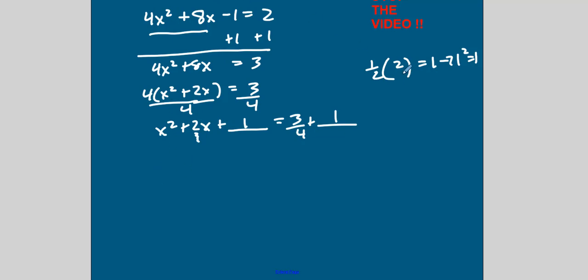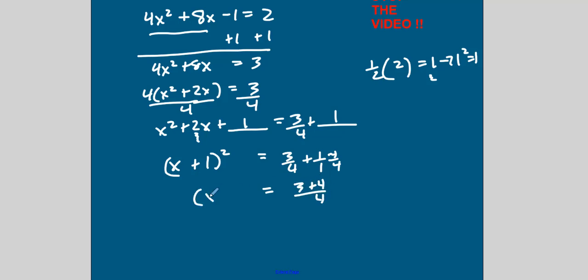This 1 is what I'm taking here, so I get quantity x plus 1 squared equals 3/4 plus 1. I'm going to write that as 1 over 1. I have a least common denominator of 4, so I'm going to multiply this by 4 over 4. So I get 3 plus 4 over 4, which is 7/4. So quantity x plus 1 squared equals 7/4.